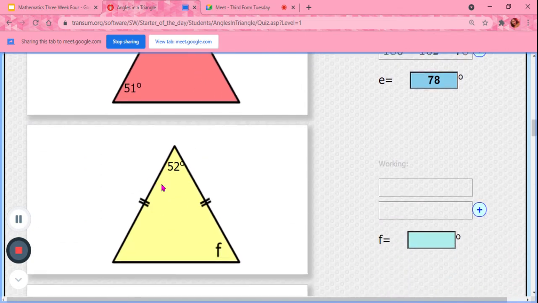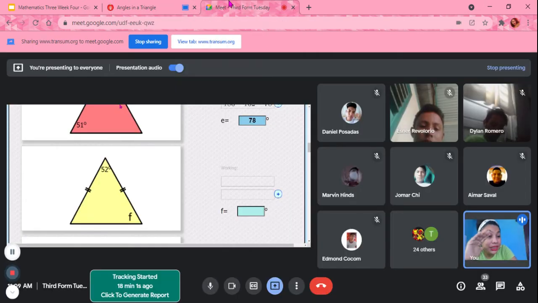In this one, they give me the angle at the top and I have to find the bottom ones. But I need to also see that this line and this line are the same, and because they are the same, angle F is going to be the same as this angle over here. Does everybody see that?